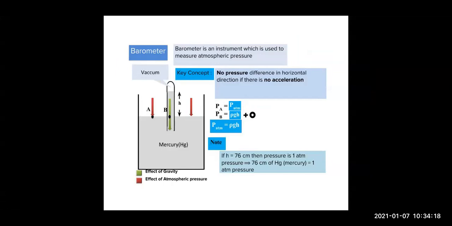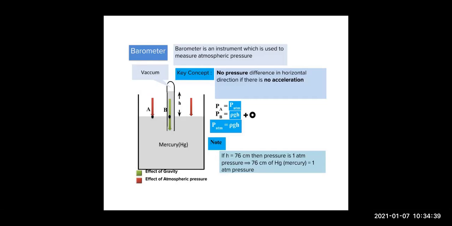Now, here we are going to study about a barometer. A barometer, children, is an instrument which is used to measure the atmospheric pressure. So what we are going to do here, children?